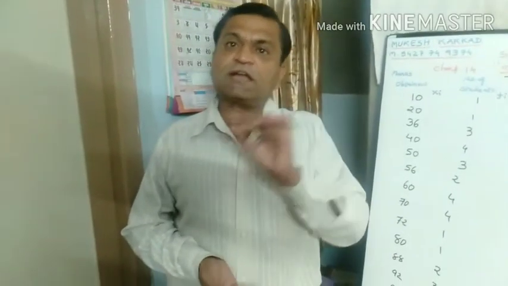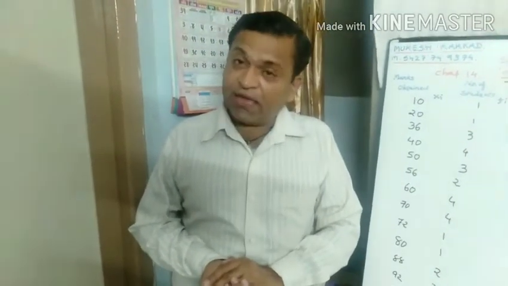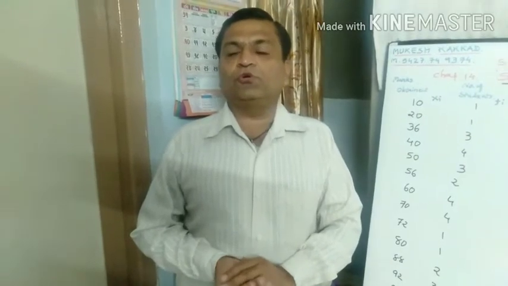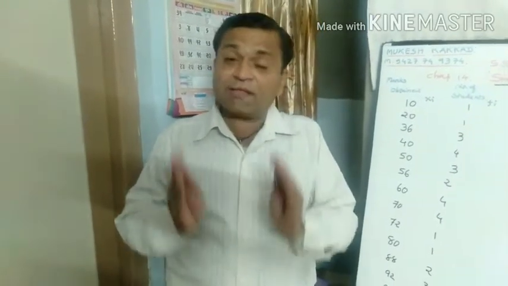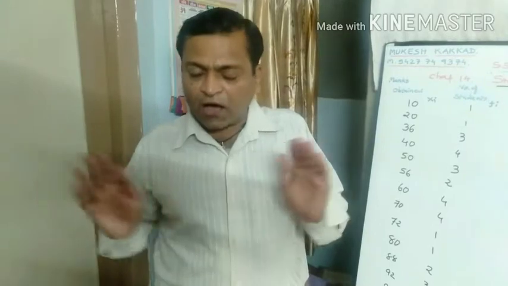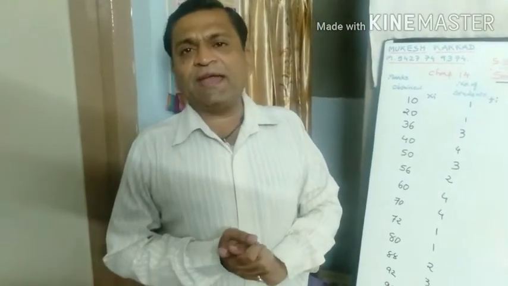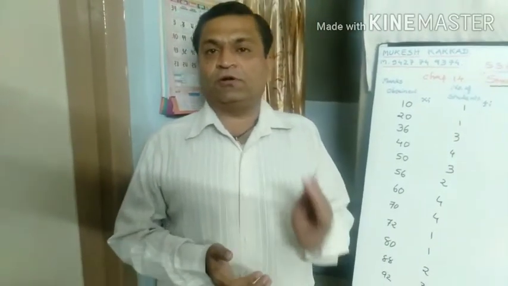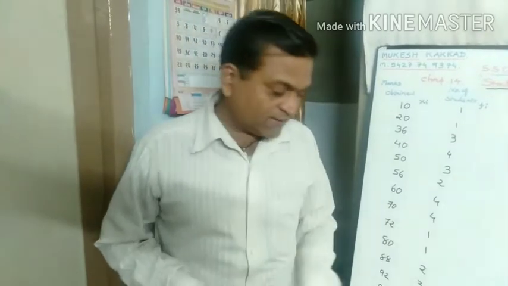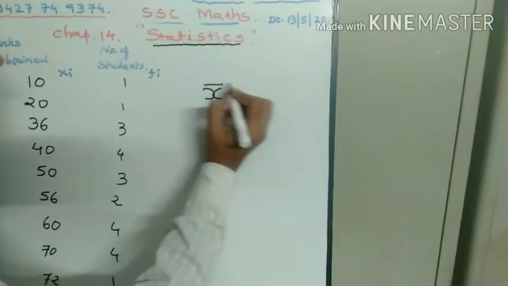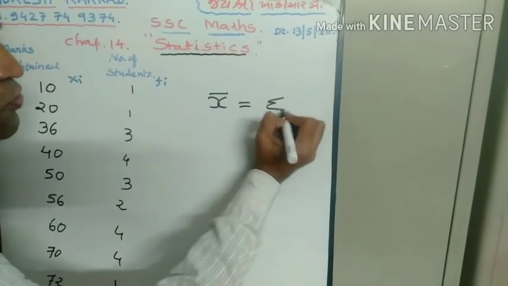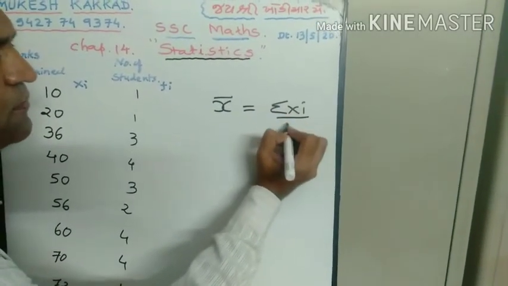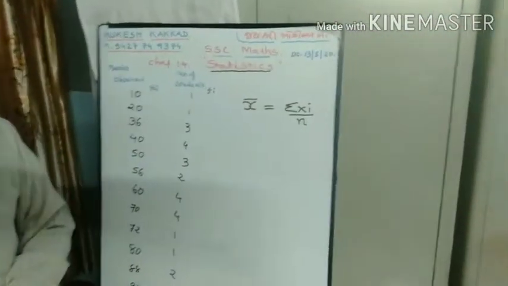You have studied in standard 9 that mean is equal to the total sum of all the observations divided by the number of total observations, that we were writing like that: x bar is equal to sigma xi upon n, where sigma is the sum of all the observations.